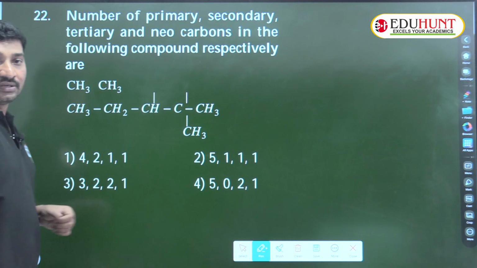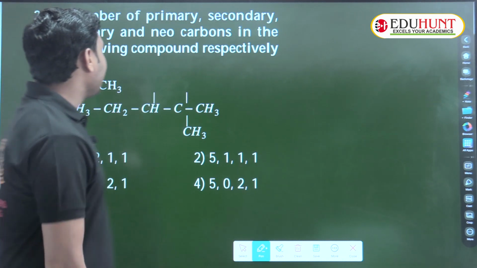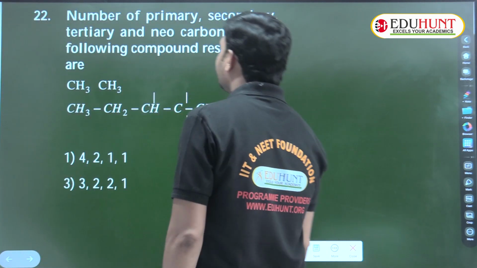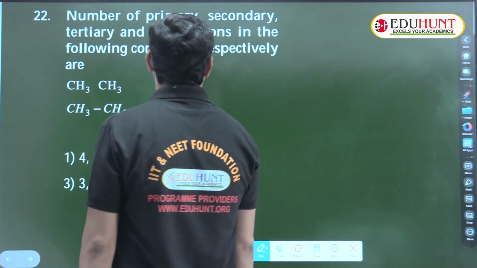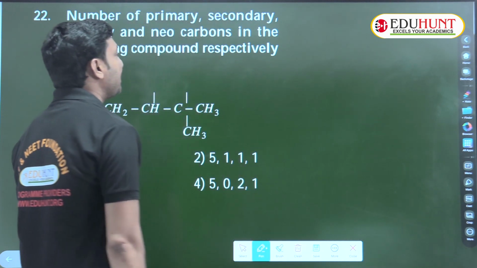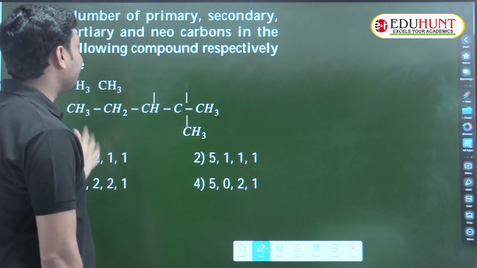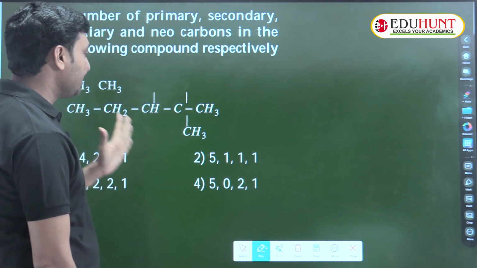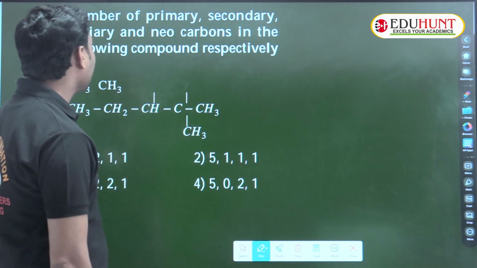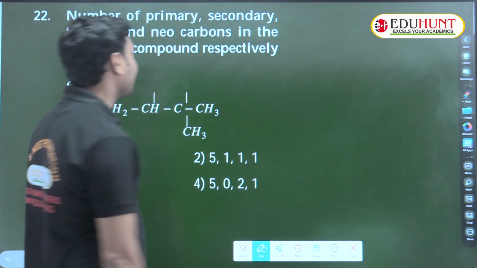Next one. See this question. Number of primary, secondary, tertiary and quaternary carbons in the following compound, respectively. Primary, secondary, tertiary and also what? Quaternary carbons in the following compounds, right?